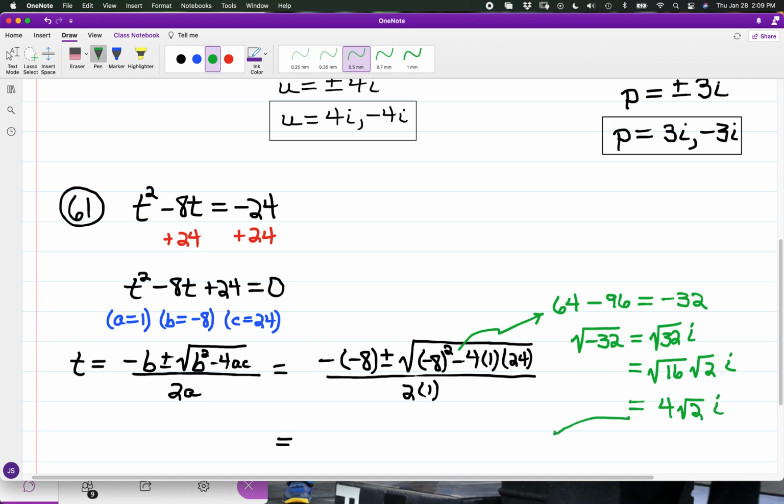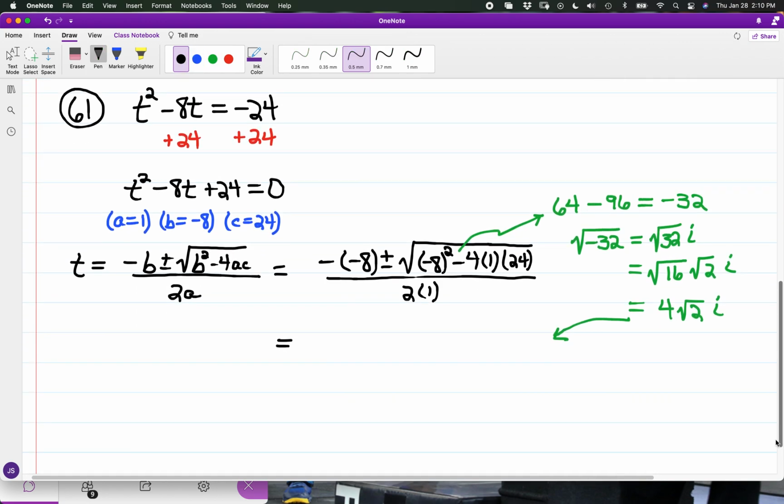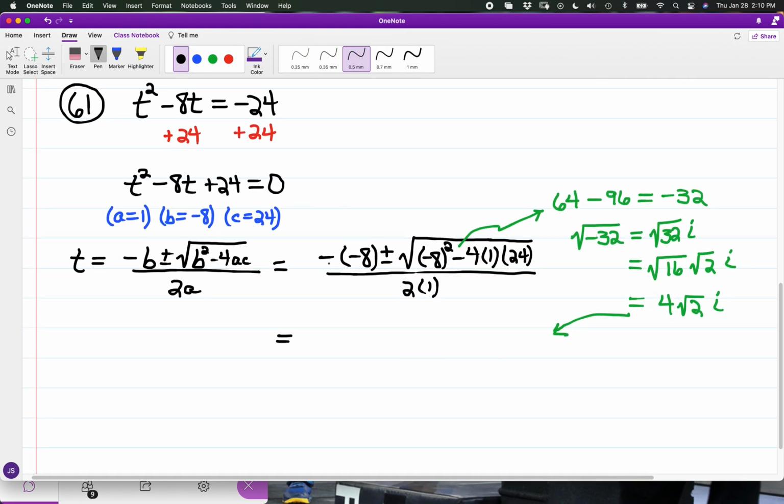Looking at what we have in the put back, you have the opposite sign of negative 8, so this will be a positive 8. And you have plus or minus, and again, the radical expression reduces to 4 times the square root of 2 times i, and 2 times 1 is 2.